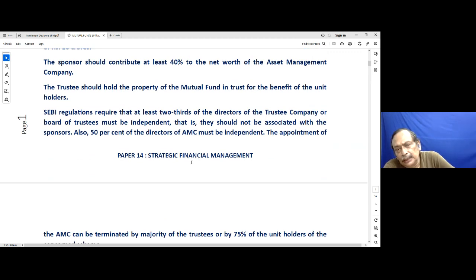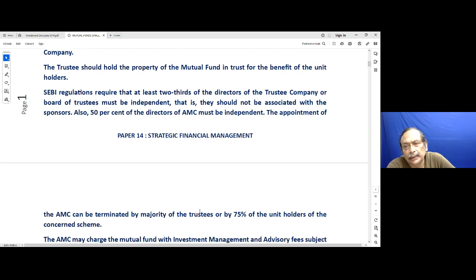SEBI regulations require that at least 2/3 of the directors of the trustee company or board of trustees must be independent. That is, they should not be associated with the sponsors. Also, 50% of the directors of the asset management company must be independent.